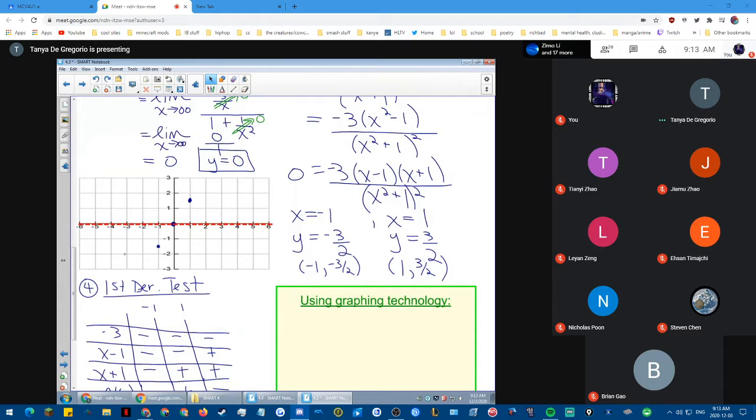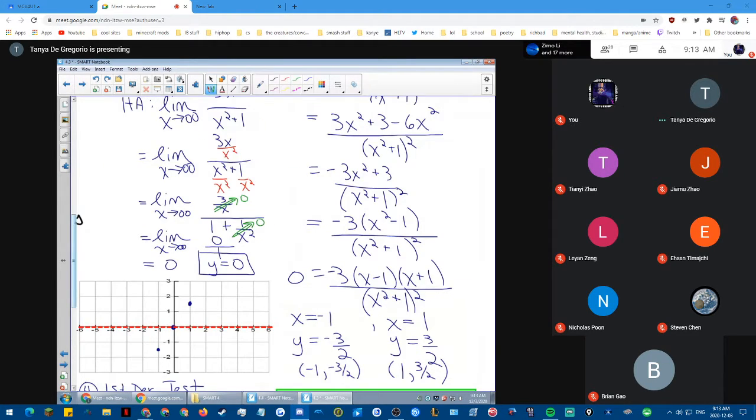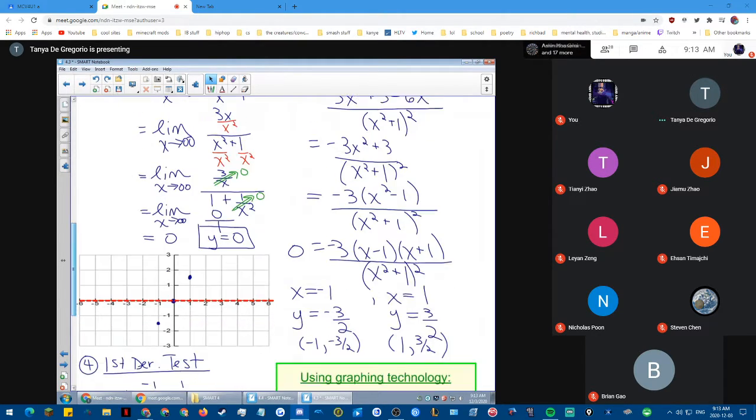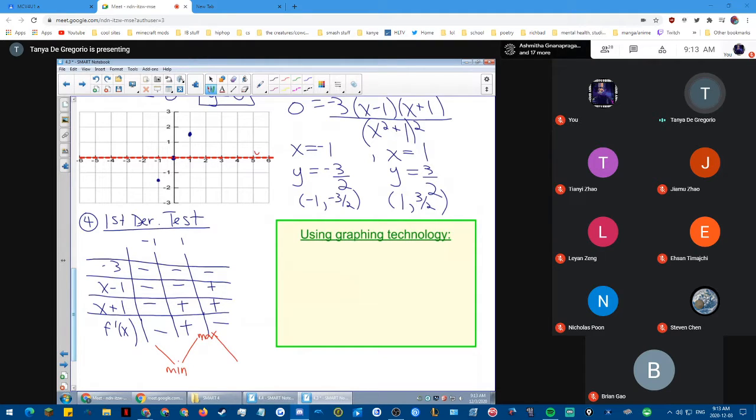Always label your asymptote. There was no vertical asymptote.